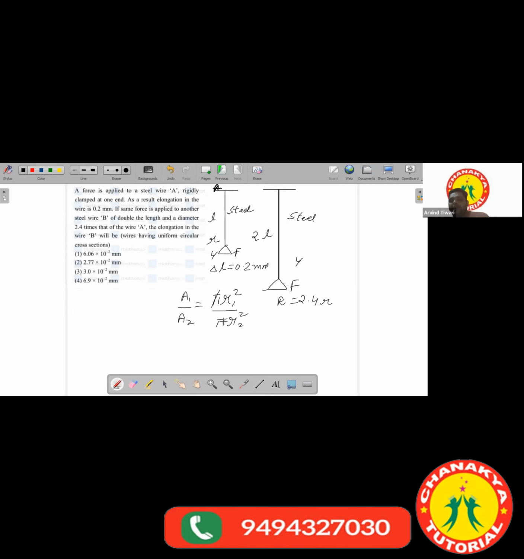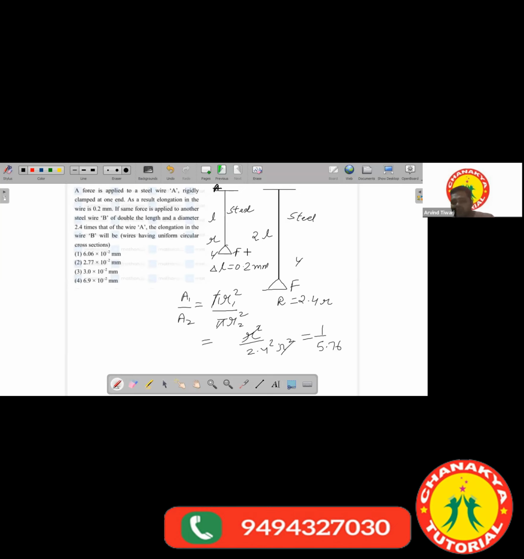So pi and pi cancel, and you will simply get R1 is simply R and R2 is 2.4 R. So you will get R squared over 2.4 squared R squared. So the ratio of the areas will be 1 over 2.4 squared. And 2.4 squared is 5.76. This is the ratio of the areas.